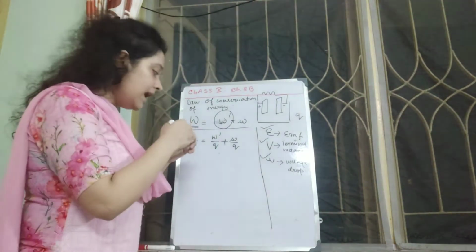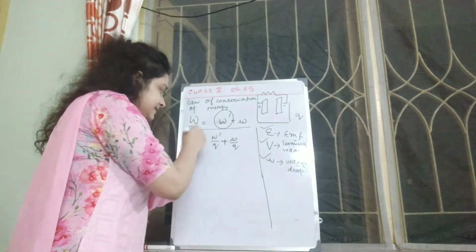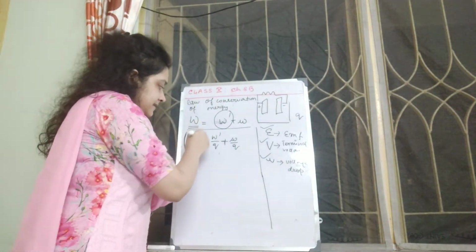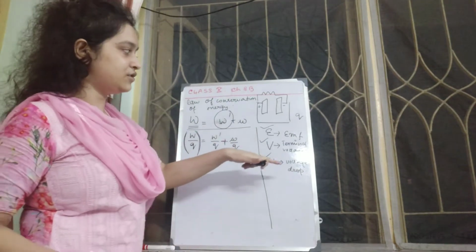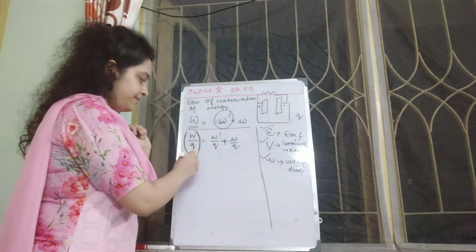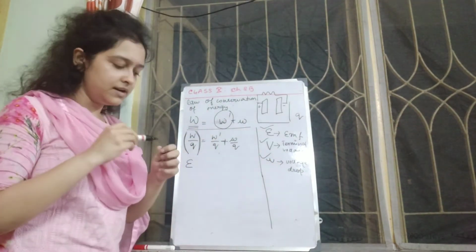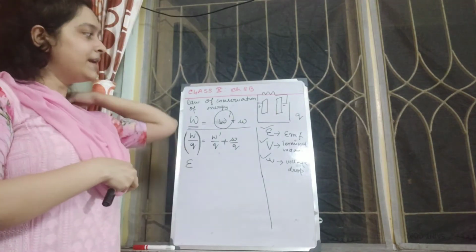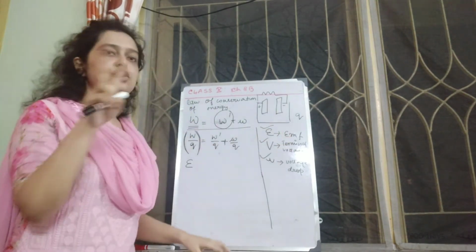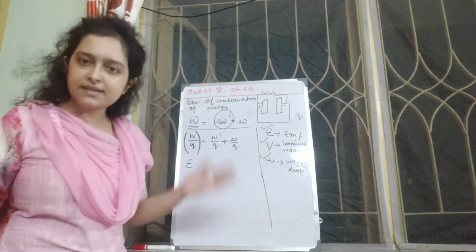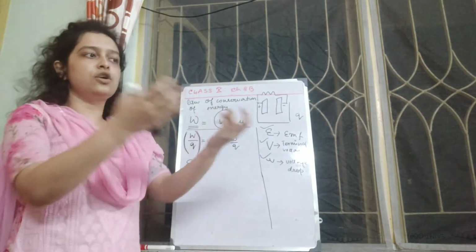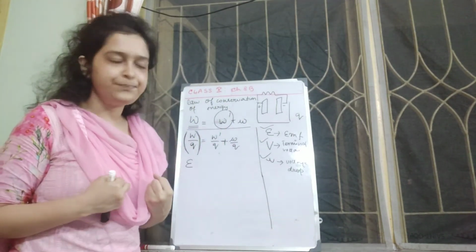Okay. Now, this is another definition of the EMF. One definition we have learned, that we can define EMF as the potential difference between the two terminals of a cell in open circuit condition or when we are not drawing any current from the cell.